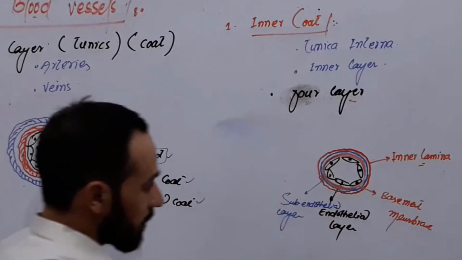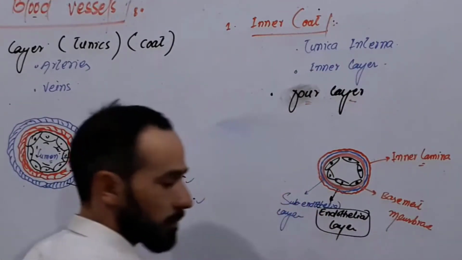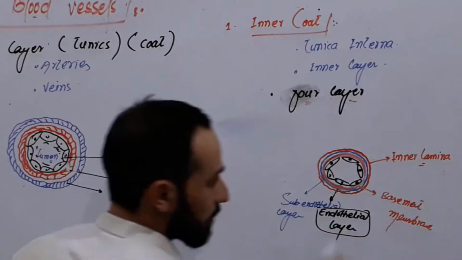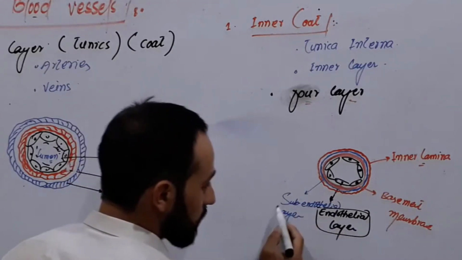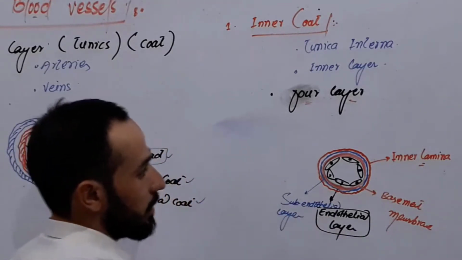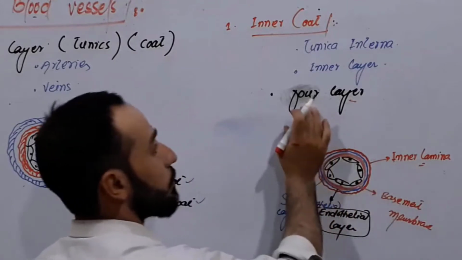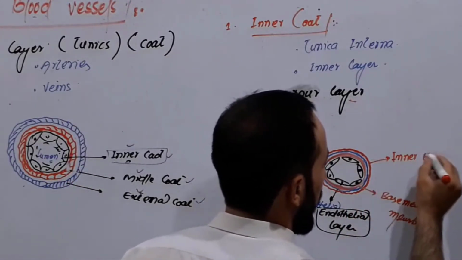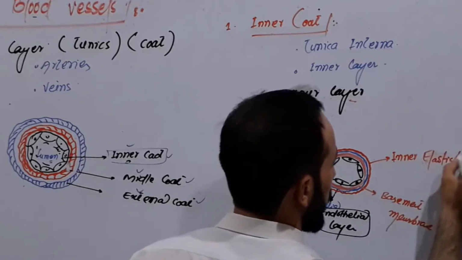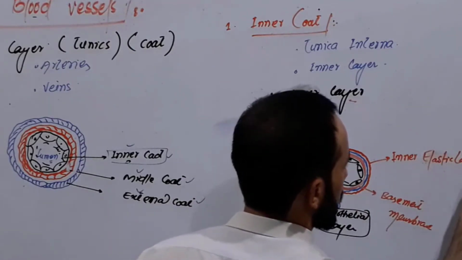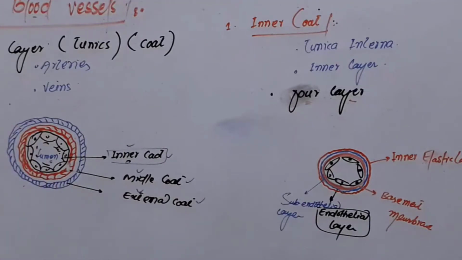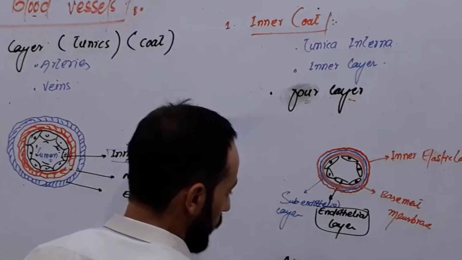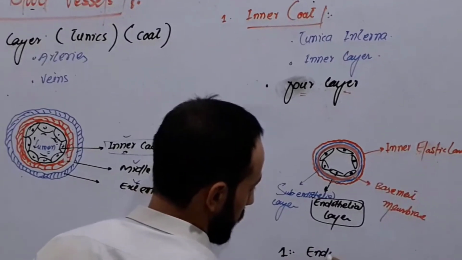Those layers are endothelium, the basement membrane, subendothelium, and the outermost of all these 4 layers, the inner elastic lamina. Clear? Okay, let's write about this endothelial layer.